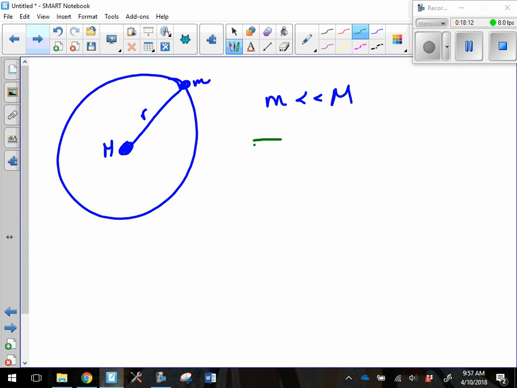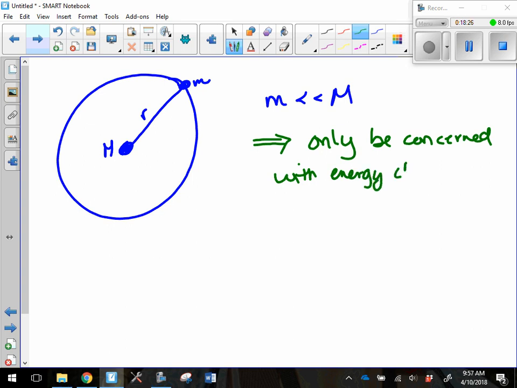And in saying that, I can be concerned only with energy changes for little m, because big M is so massive.